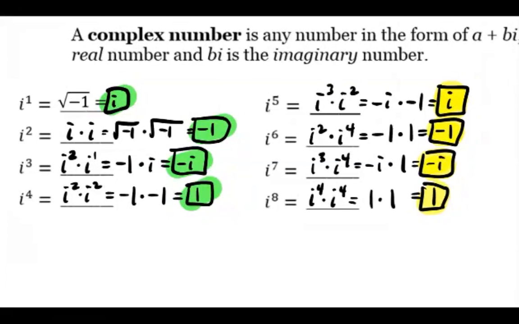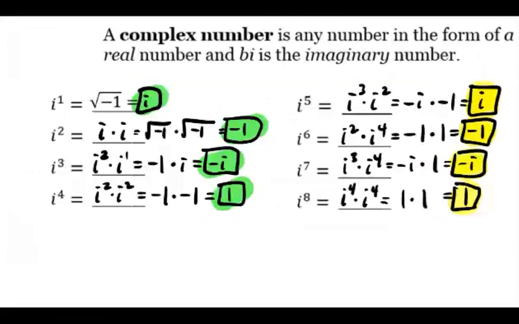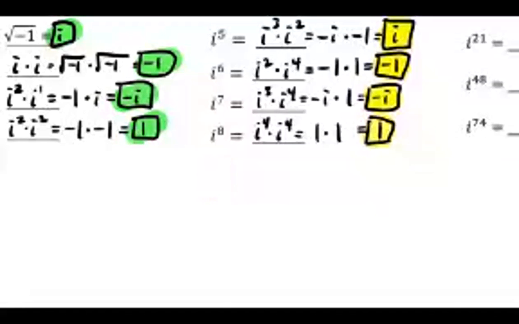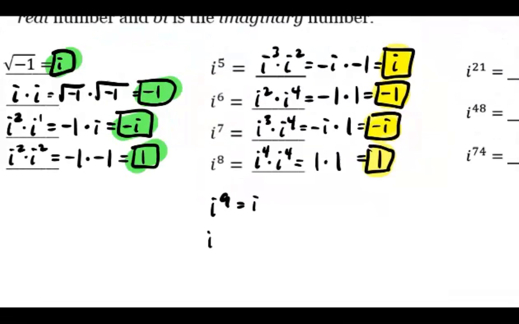So without doing any work, what is i to the ninth going to be? I don't have i to the ninth here, but if I did, without doing any work, what is that going to be? You're right, it's going to be i. What is i to the 10th going to be?